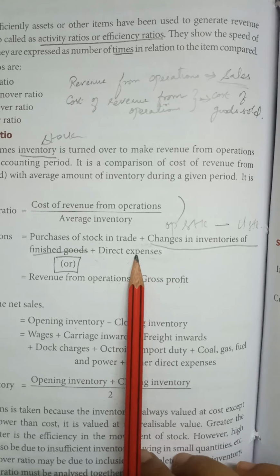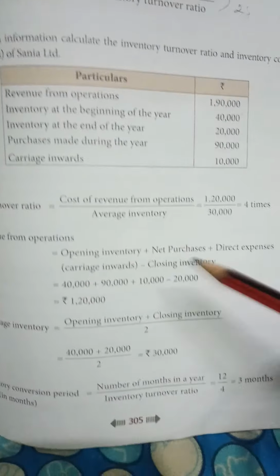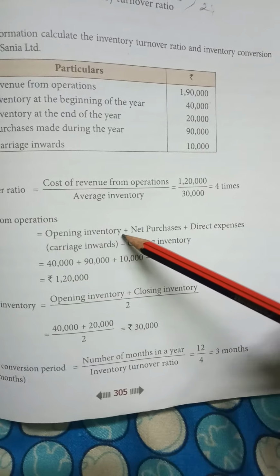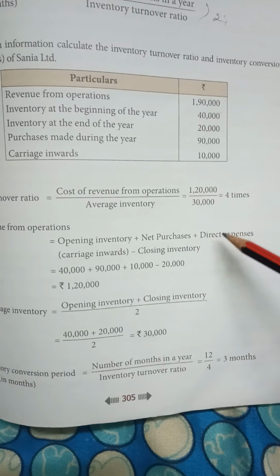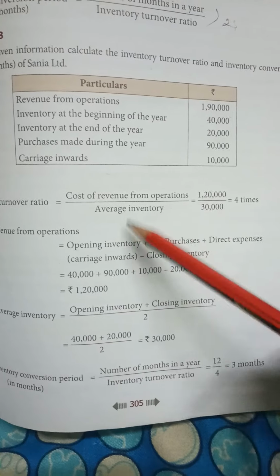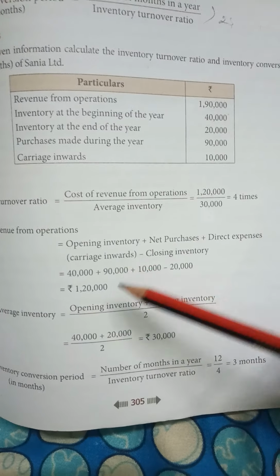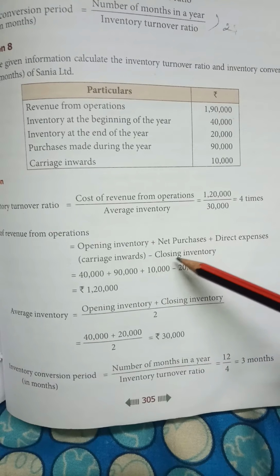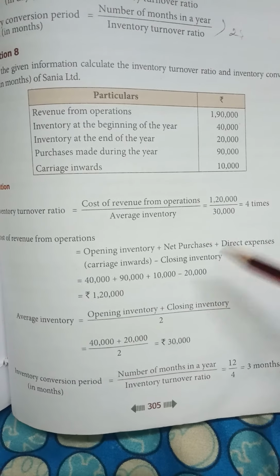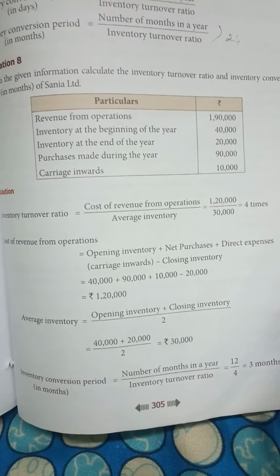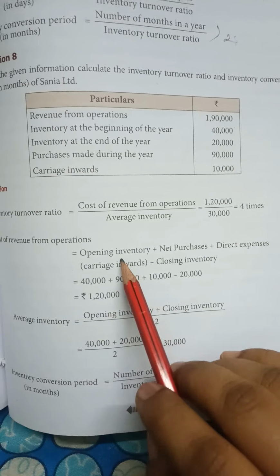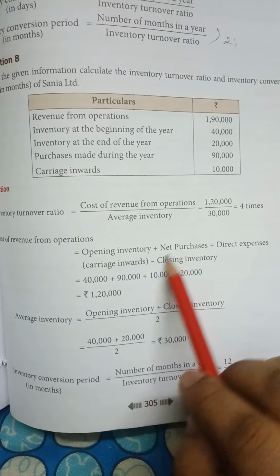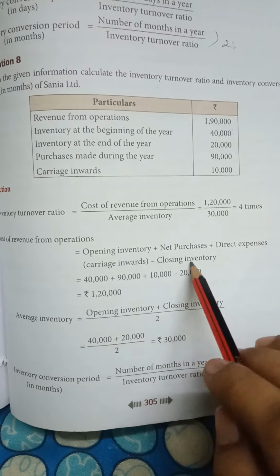Or directly you can write it like this also: opening inventory plus net purchases plus direct expenses, whatever direct expenses are given here, minus closing inventory. Instead of writing changes in inventories of finished goods, we are directly writing opening inventory here and less closing inventory here.